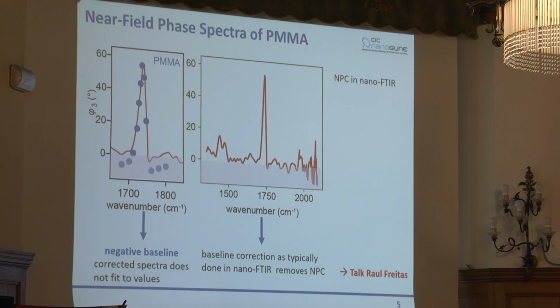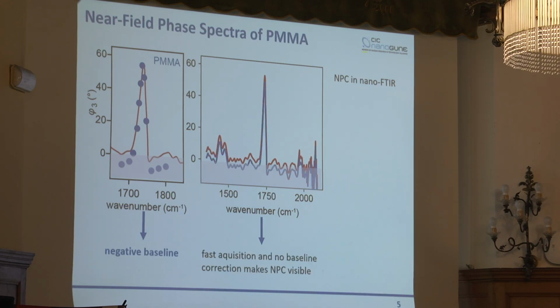So if you want to compare your nano-FTIR spectra with your SNOM images, you will always have a mismatch of the values. Actually, you can also see the negative phase contrast in a nano-FTIR measurement if you do the measurement so fast after the reference measurement that you do not need to apply this phase correction.